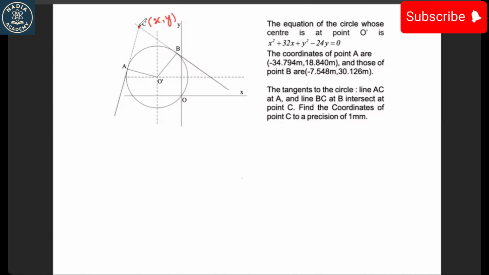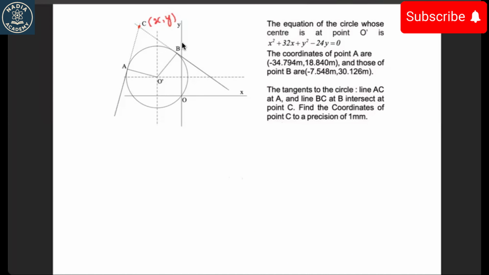So it means that C is a simultaneous point for the lines AC and BC. This tells us that if we solve the equations of line AC and line BC simultaneously, we can find the coordinates of this common point C.